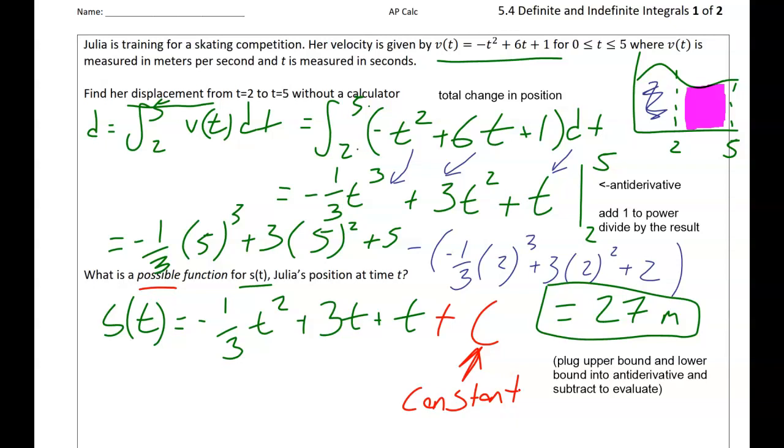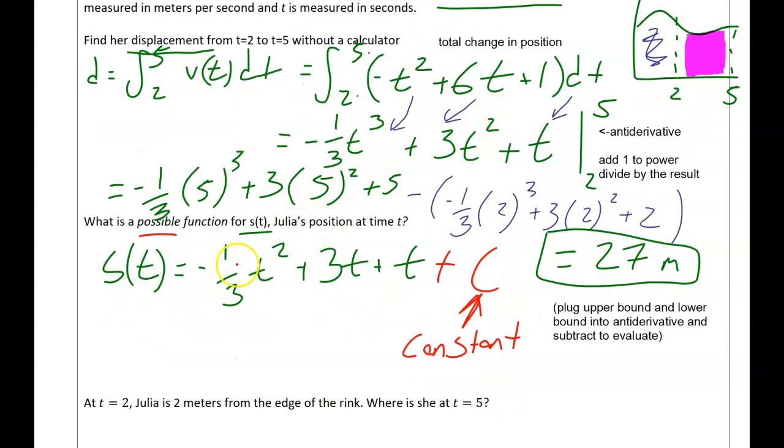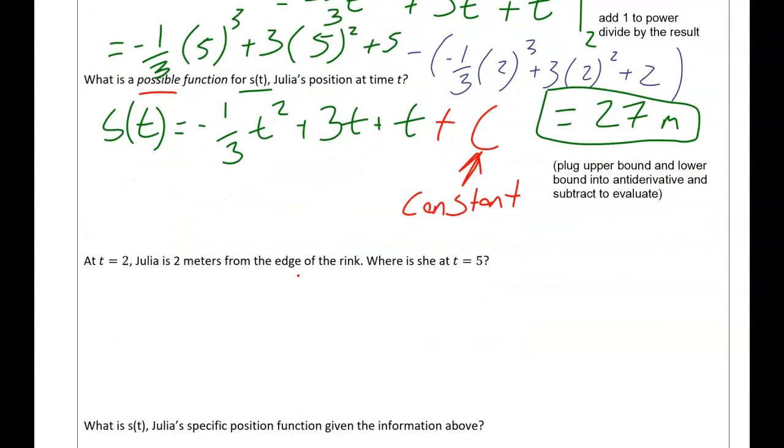So we don't know the exact answer here yet. And yes, if you forget to put the plus c on a problem like this, it is wrong, because we do need to represent that it could be many different things. Now, let's answer our last two questions, and maybe we'll see what we can do with that c here. So here the question is, where is she at t equals 5? And we're given s of 2 at time 2. Her position is 2.